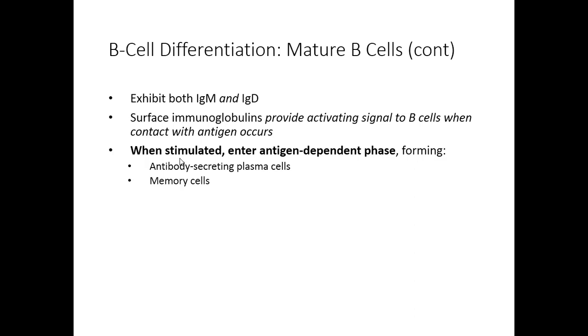IgD is a B cell activator. Its presence activates B cells when it's come in contact with an antigen. So IgD does serve a purpose in that it is one of the surface immunoglobulins that activates B cells when it comes in contact with an antigen.